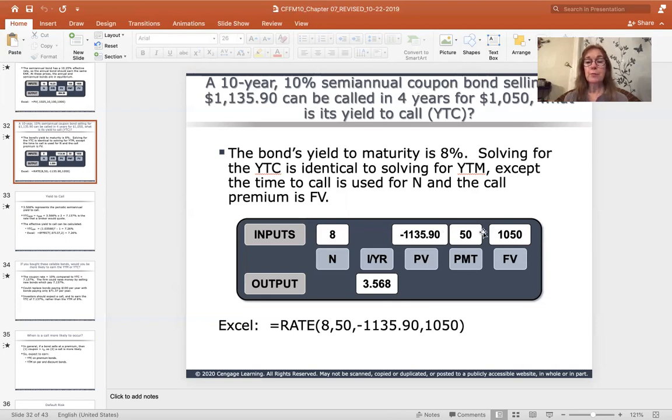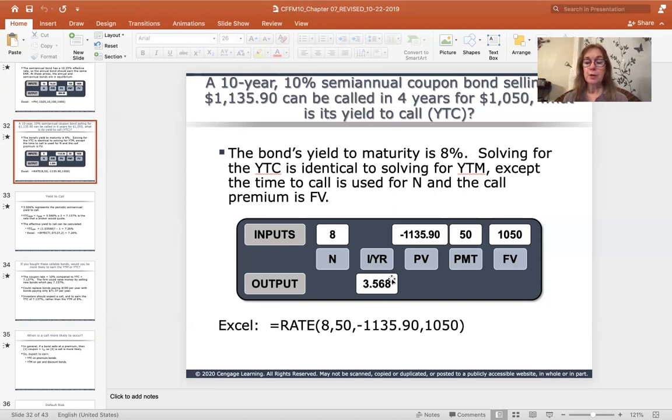So we're going to get an extra $50 if it's called in. So the future value is $1,050. The payment is $50, the $100 divided by 2. N is 4 years times 2, which is 8. The present value, it's currently selling for $1,135.90. And we compute I-Y, and it's 3.56. We have to multiply this by 2.